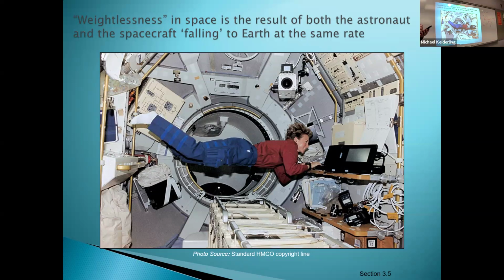So in the International Space Station here, let me just look it up. This astronaut and the space station are both accelerating at about 8.7 meters per second squared.